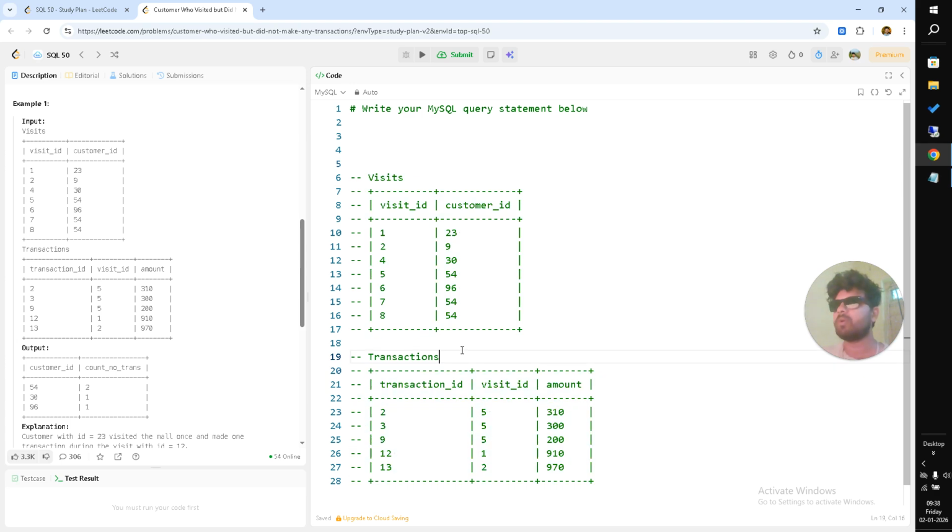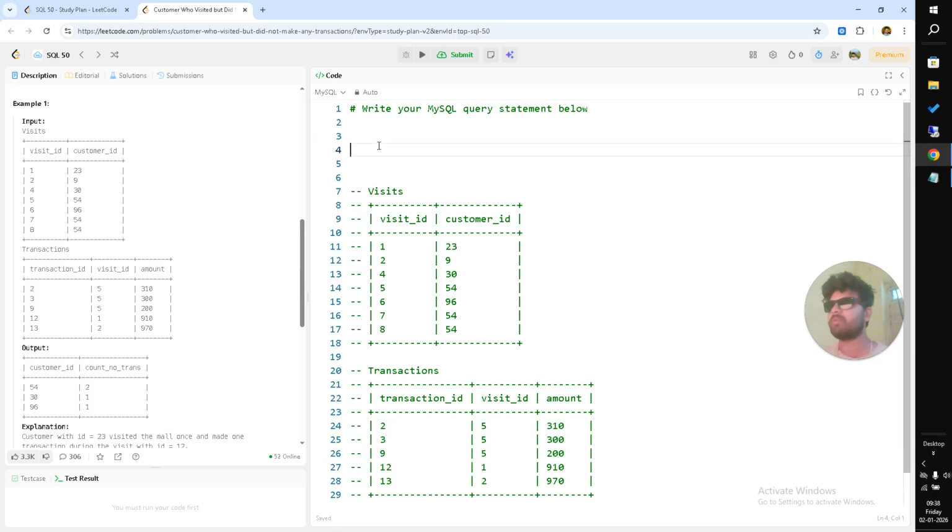So I'm checking if customer ID one, visit ID one exists in this. Yes, so we don't want it now because they transacted. We don't want customers who did a transaction. We want customers who just visited and did not do any transactions.